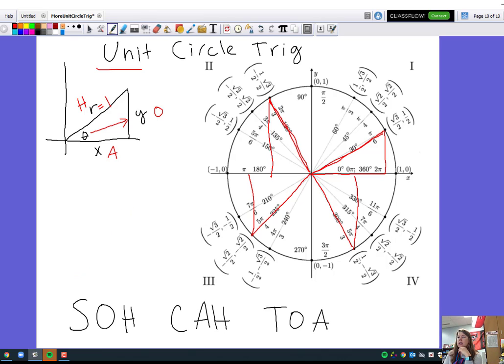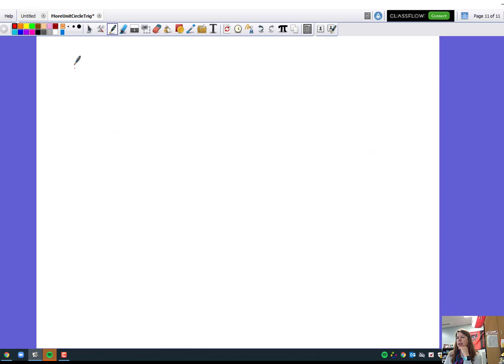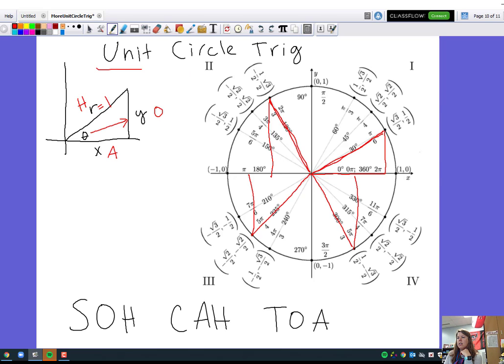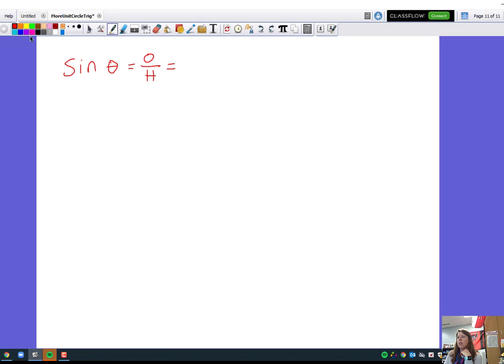Instead of sine of theta, the angle measure, being opposite over hypotenuse, this is now the y value, the opposite, over the r value, or 1. So this is y over r.